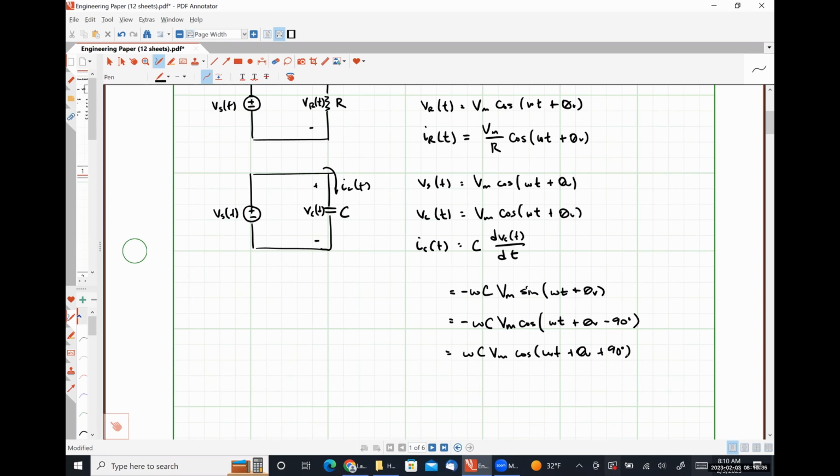So what I am trying to illustrate here is that in a situation where we have sinusoidal steady state, which means that our circuits have been sinusoidally excited for a very long time, the response to that sinusoidal excitation will itself be a sinusoid.